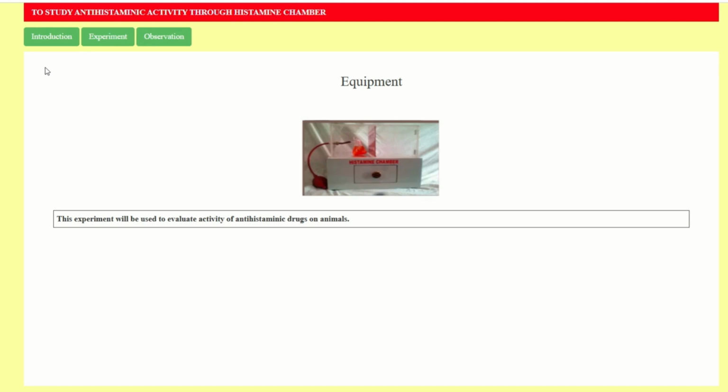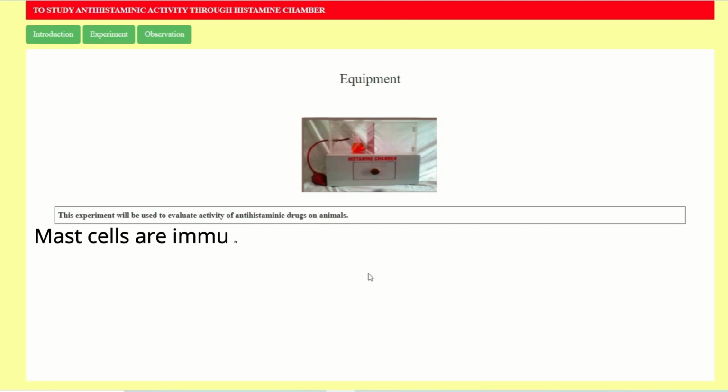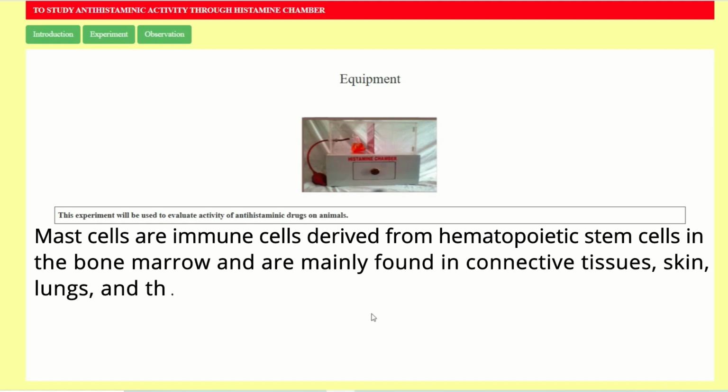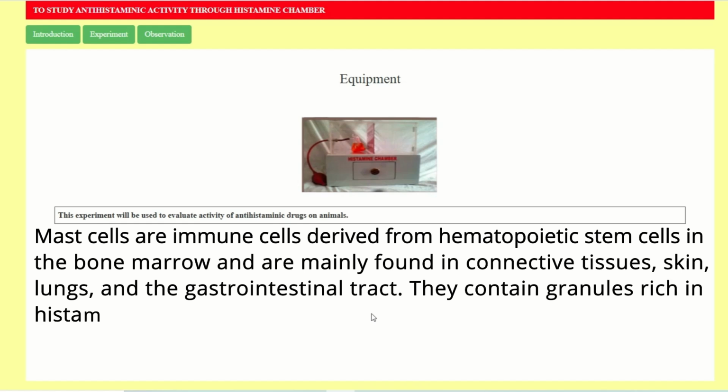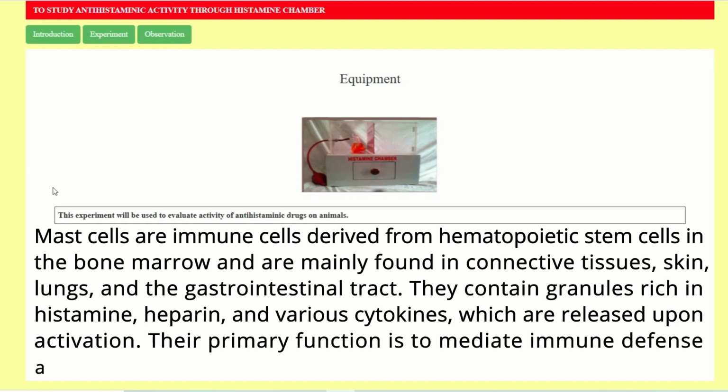Now we will see the introduction. So now we will introduce what a mast cell is. Mast cells are immune cells derived from hematopoietic stem cells in bone marrow and are mainly found in connective tissues, skin, lungs and the GI tract. They contain granules rich in histamine, heparin and various cytokines, which are released upon activation.